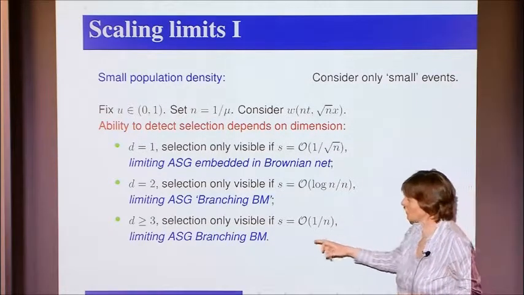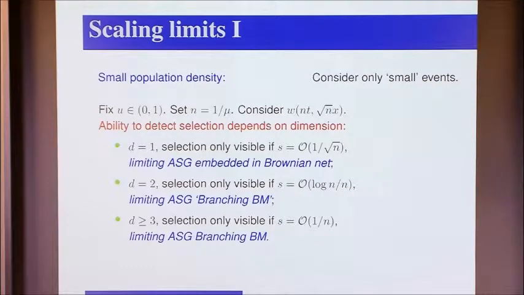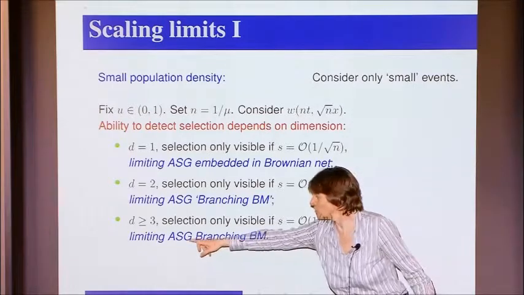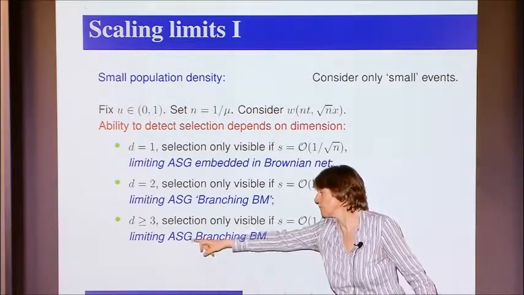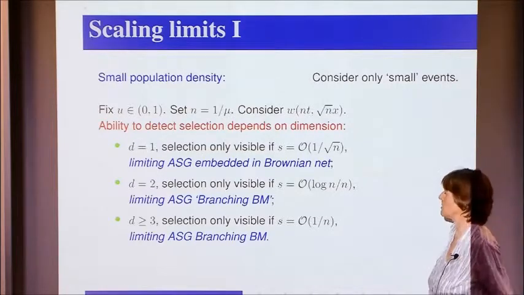And there's positive probability, because in dimensions bigger or equal to 3, random walk is transient, they will actually escape from one another and never see each other again. And in that case, I'm going to be able to detect that there is a difference between my ancestral selection graph and my ordinary coalescent.